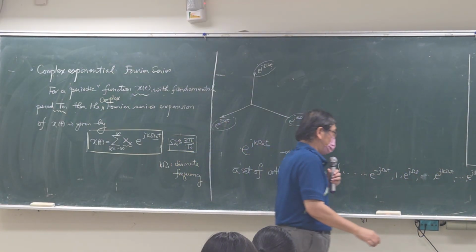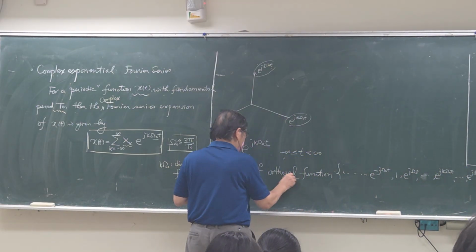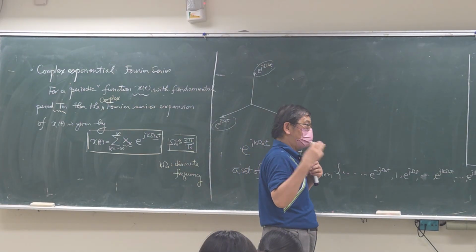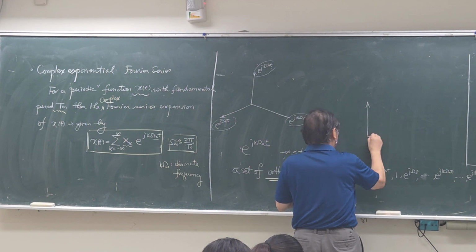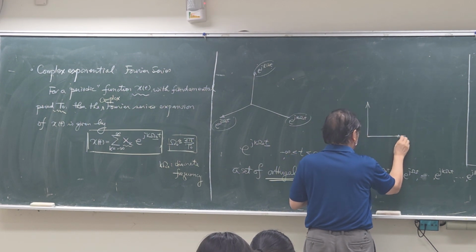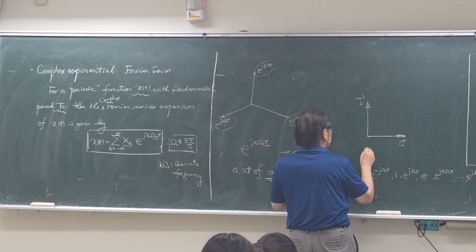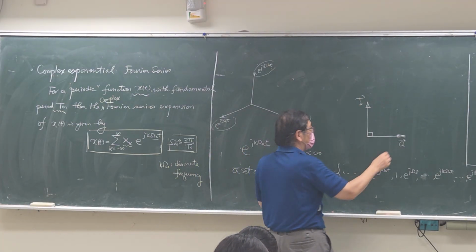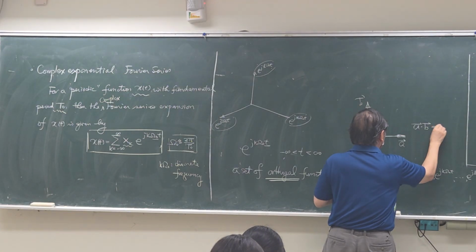We are going to prove that they are orthogonal. Remember in your high school you had vectors. Suppose I have two vectors, vector A and vector B. If vector A and vector B are orthogonal, we have inner product of A and B equals 0.